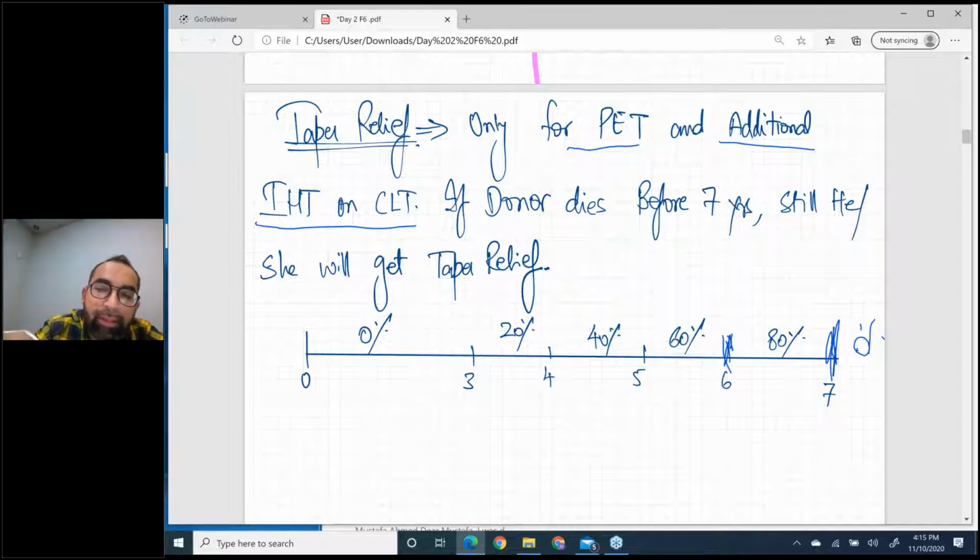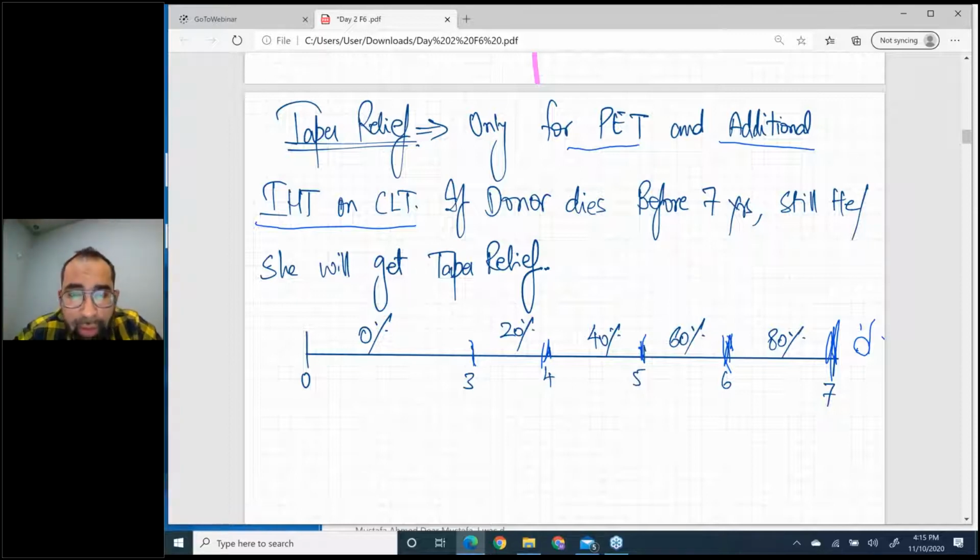If you die after 5 and before 6, then 60%. After 4 and before 5, 40%. After 3 and before 4, 20%. And if you die before 3 years, then you died very early and you are not eligible for any taper relief.